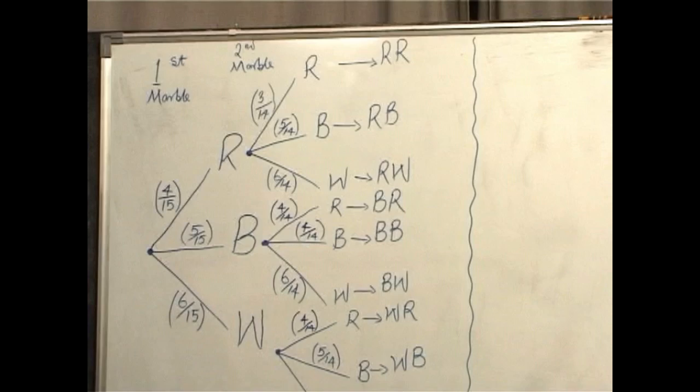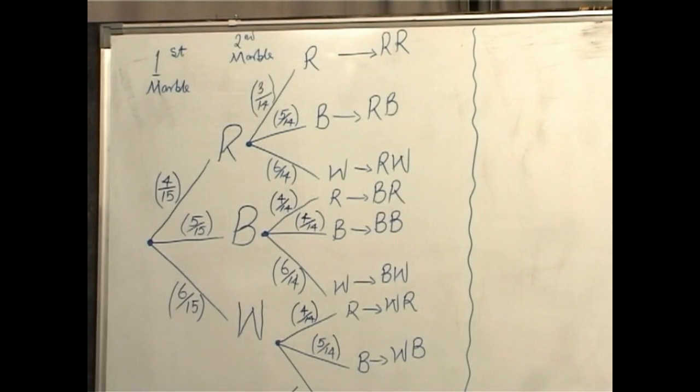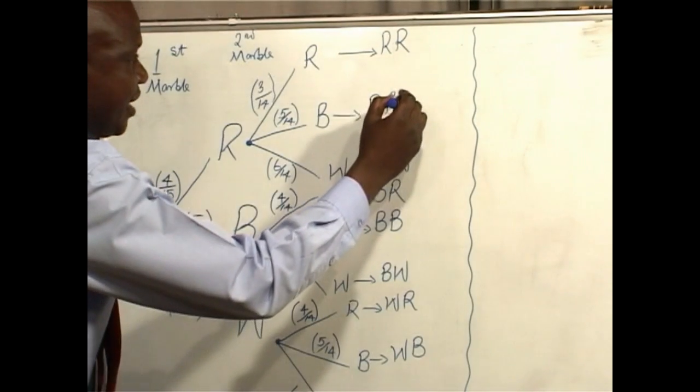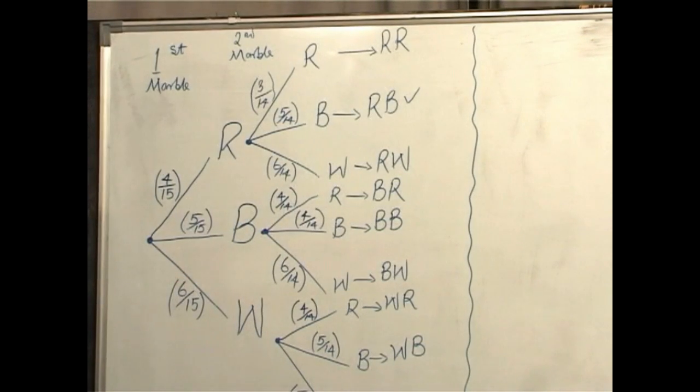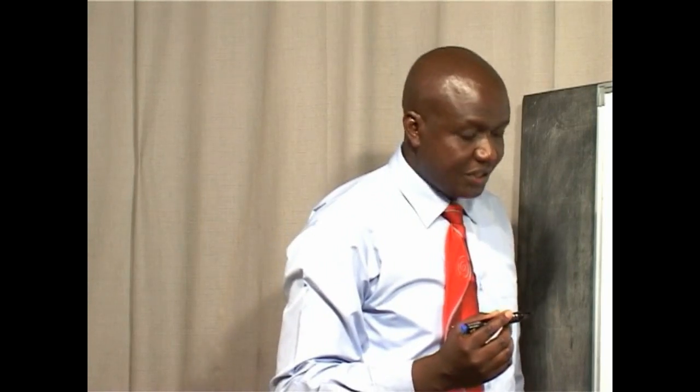If you nicely scan through, you are going to see that the combination that satisfies the condition given is this one here, where we are told the first one is red and the second one is black. So in answering this one, we will proceed as follows.